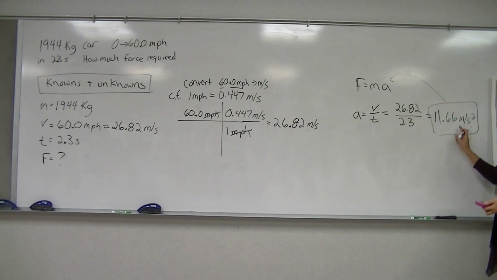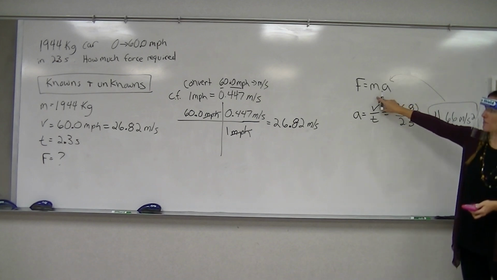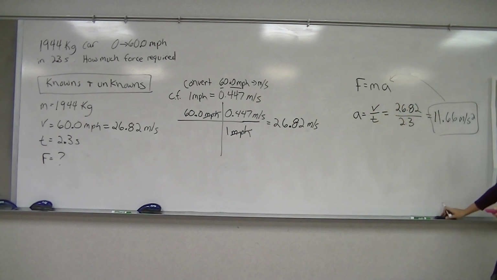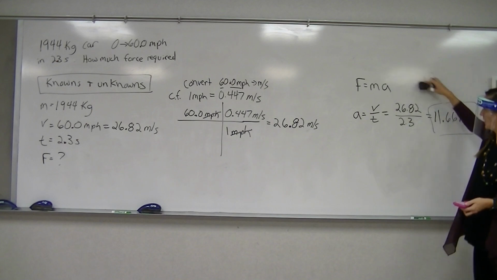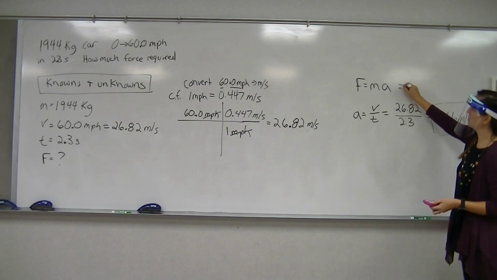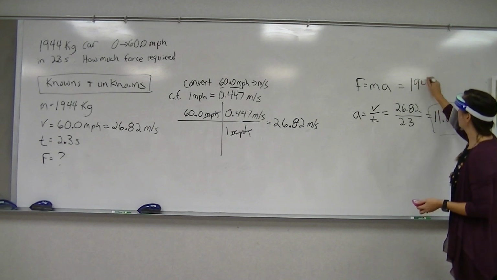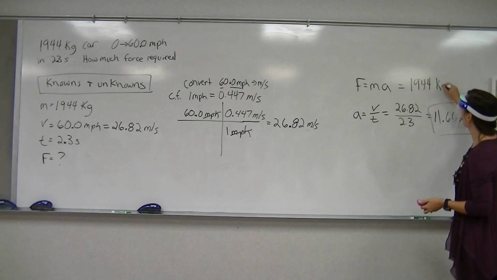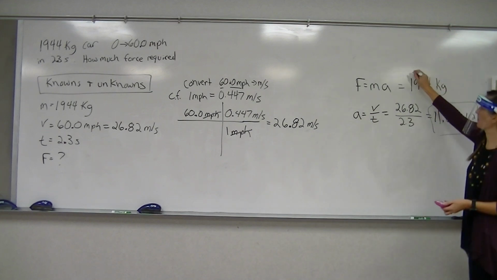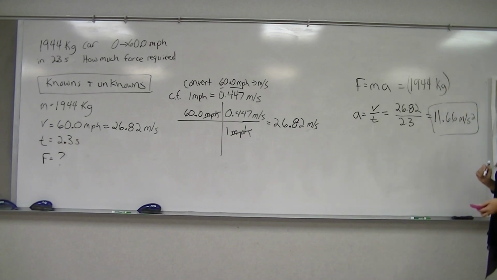All right, so my a I now have. The m was given to me in the problem itself. So I'm going to go up here and plug those in. The mass of the vehicle, 1944 kilograms. The acceleration, plug that in, so times 11.66.